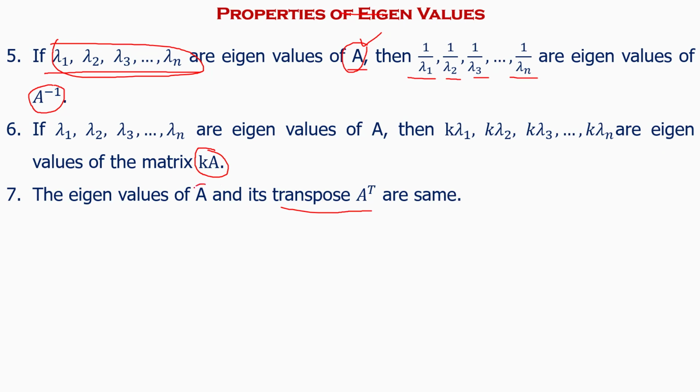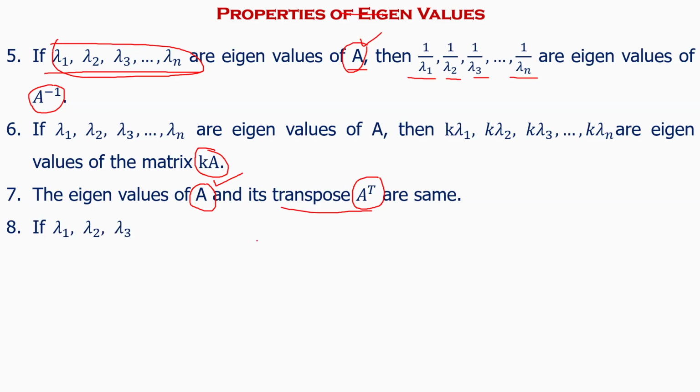So if we have the eigenvalues of A, we can say the eigenvalues of the transpose of A will be the same. Both matrices A and A transpose have the same eigenvalues.